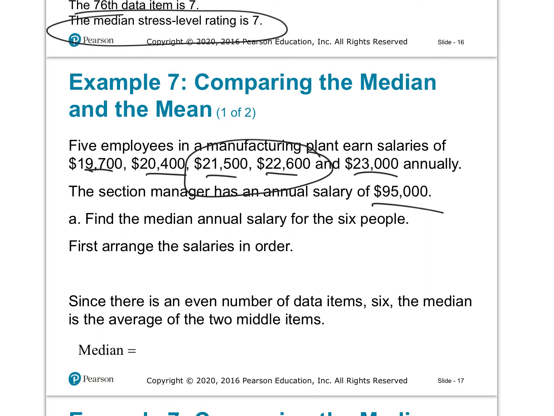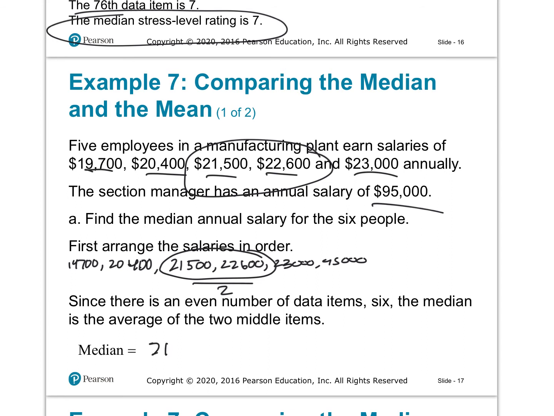So if you arrange them in order, you have 19,700, 20,400. So they're listed in order anyways. 21,500, 22,600, 23,000, and then 95,000. So we have 6, so that means we take the middle 2 and then divide by 2.